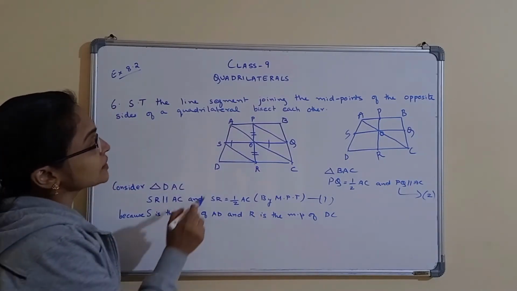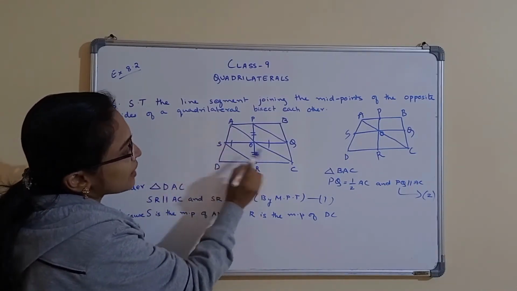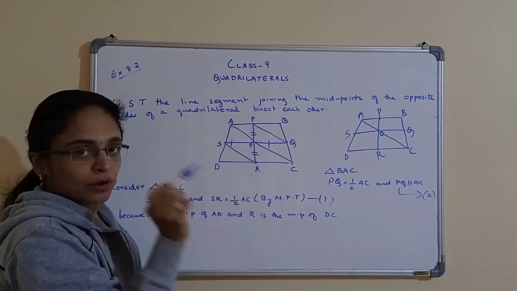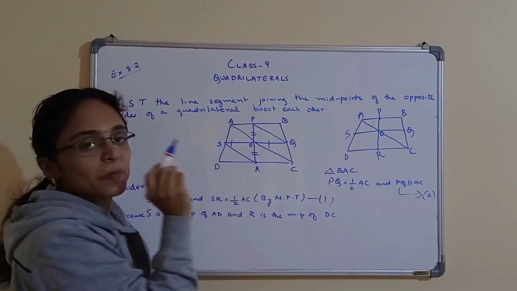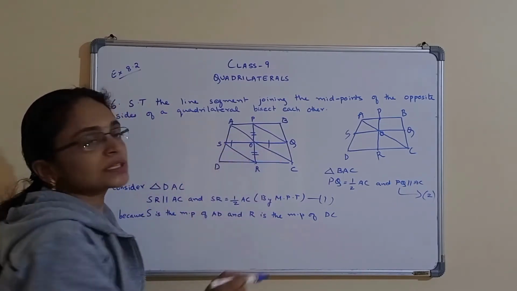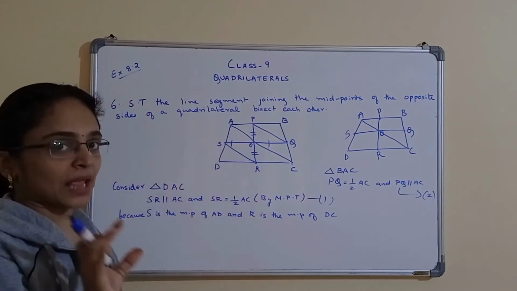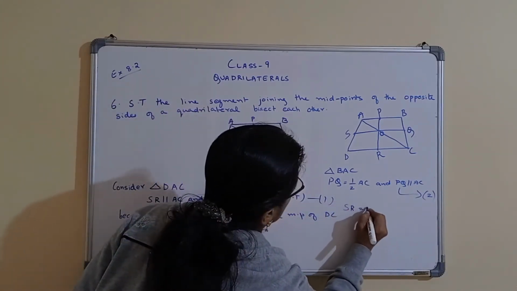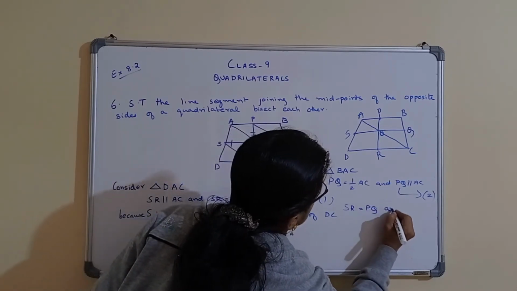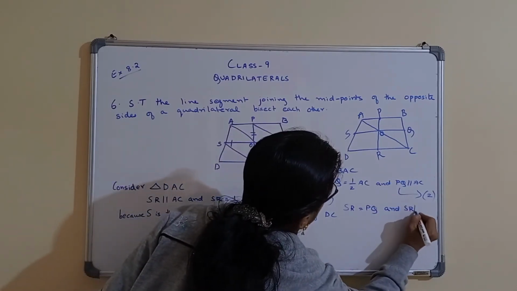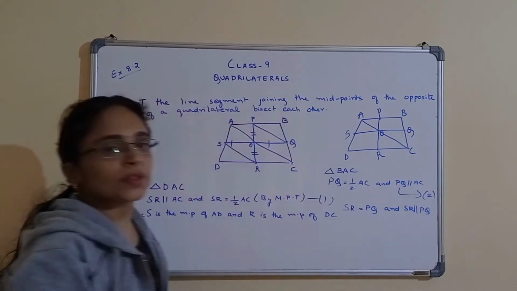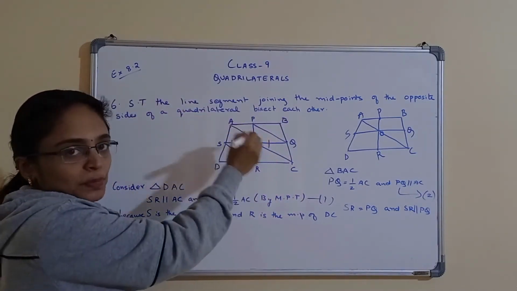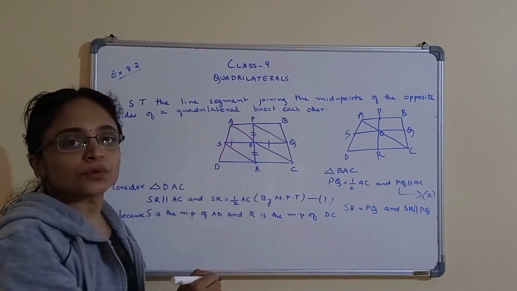So we got SR is equal to half AC and PQ is equal to half AC, and SR is parallel to AC and PQ is parallel to AC. From that we can infer that SR is equal to PQ and SR is parallel to PQ.